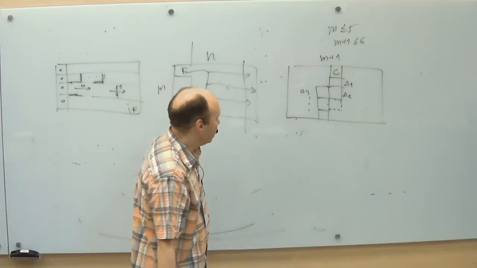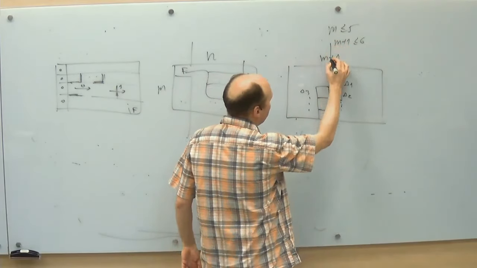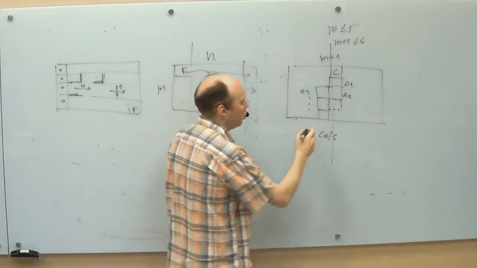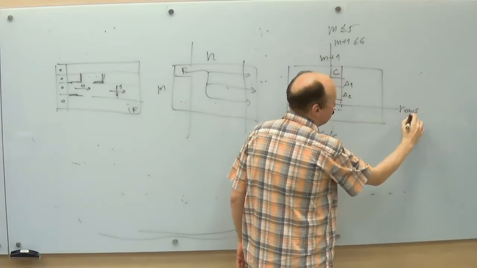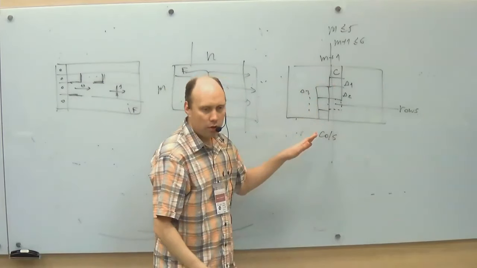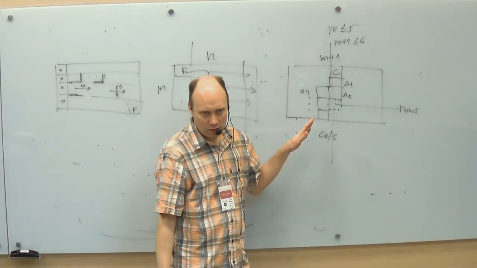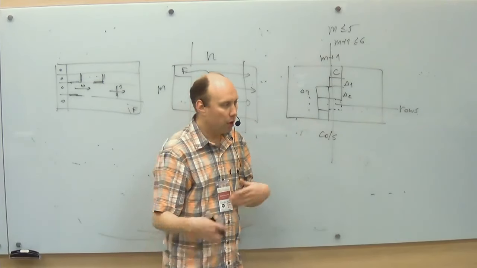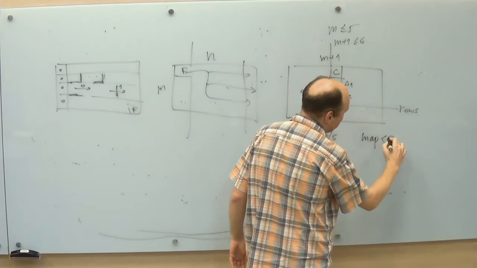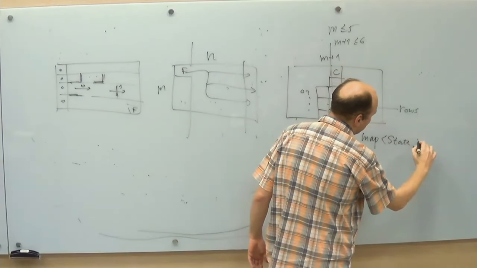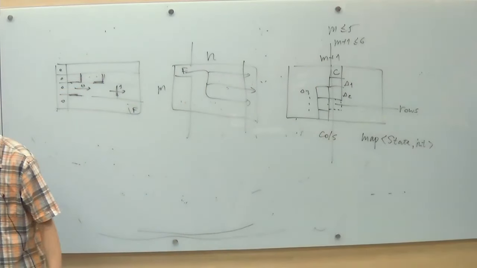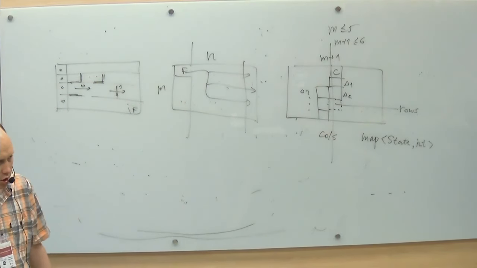So your state is how many complete columns you have processed, how many rows in the last column you have processed, and what is the pattern of these deltas. And you make a map from this state to int, the number of ways to reach this state.